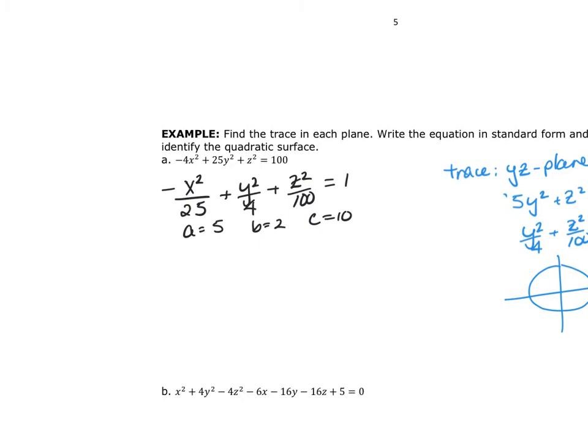Let's just reorganize this with the y squared first. So y squared over 4 plus z squared over 100 minus the x squared over 25 is equal to 1. Because of the fact that I have one that's negative, we know that this is the equation for a hyperboloid.